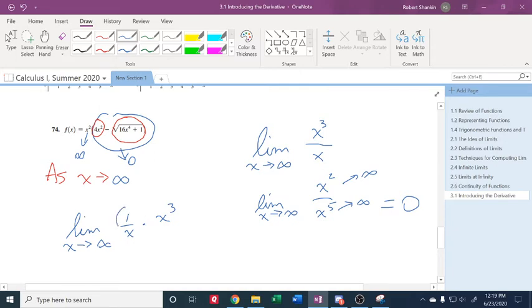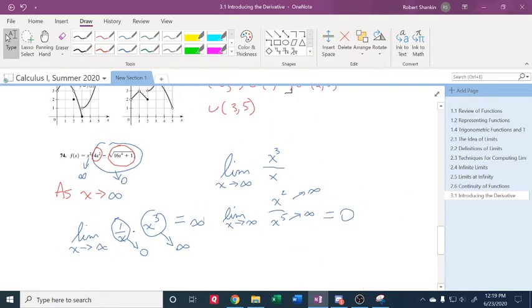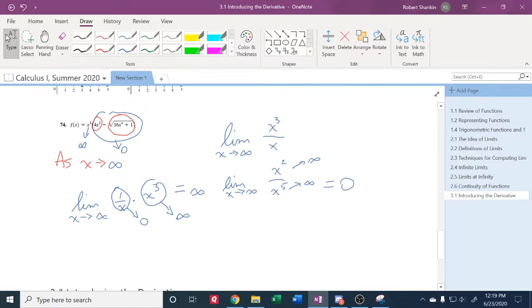This one is going to 0. This one is going to infinity. But which one is the whole thing going to go towards? It's going to go towards infinity, because the one that's going towards infinity is going there faster than the one that's going towards 0. Everybody following? It's a pretty depthful way of looking at it, but we have to see which one is going to its destination faster.